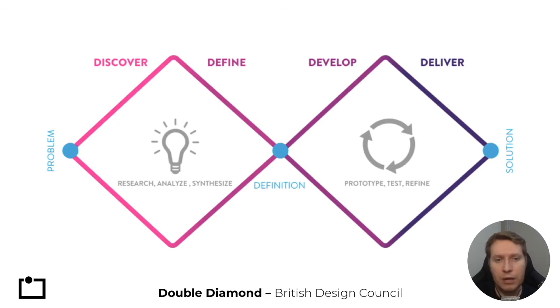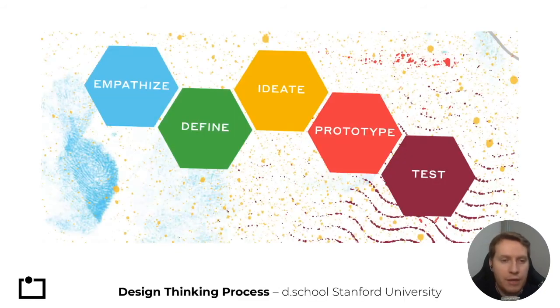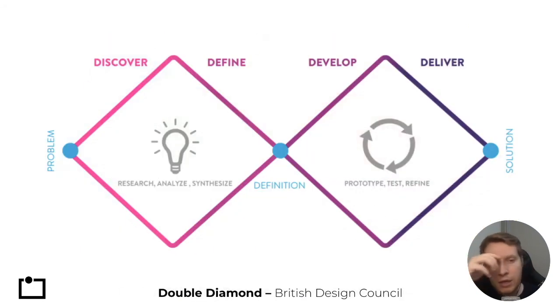And another process that we have here, not so different from the previous one. The previous one is design thinking itself, as proposed by the D School from Stanford University. We have here a different method that we can use to frame or picture this process used by designers.